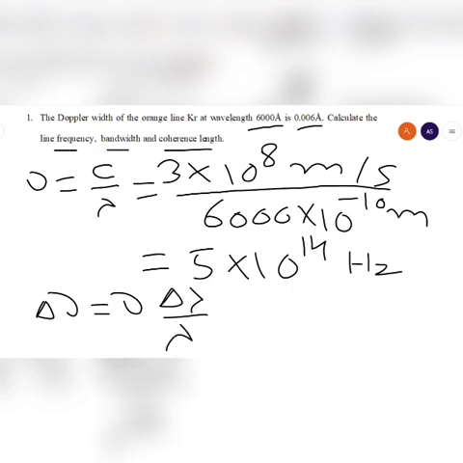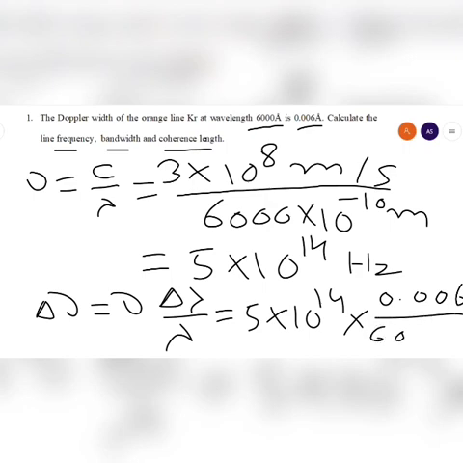Here delta lambda is in angstrom and lambda is also in angstrom, no need to be converted in meter. You know the mu, 5 into 10 to the power 14 into 0.006 divided by 6000.